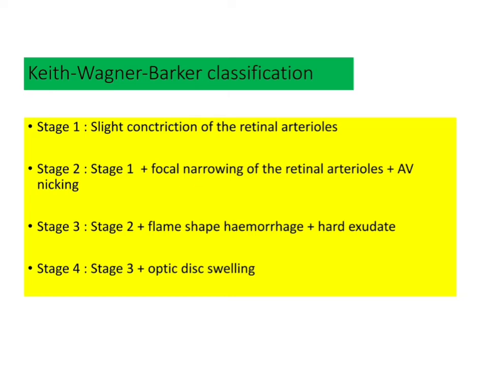AV nicking means AV crossings are more prominent and the artery becomes narrower. Okay, and in stage 3, stage 2 signs are present, along with flame shape hemorrhages and hard exudates. In stage 4, stage 3 signs are present, along with optic disc swelling. Okay, that is stage 4 in hypertensive retinopathy.